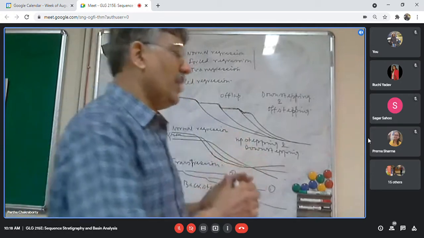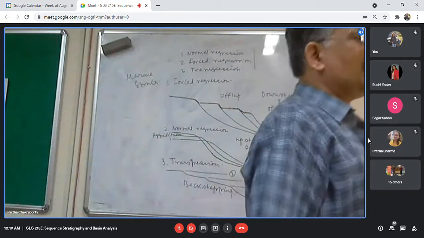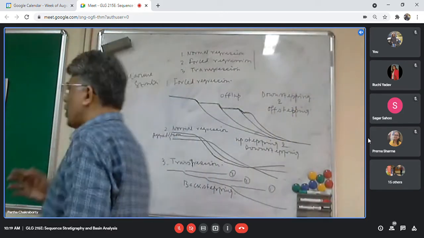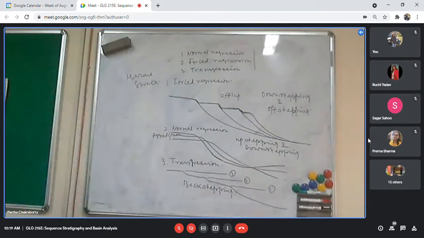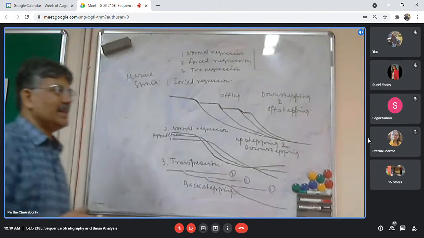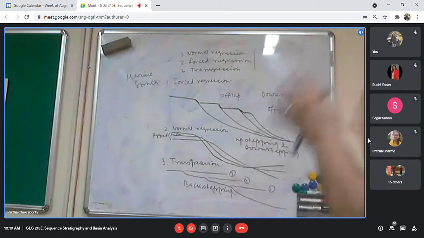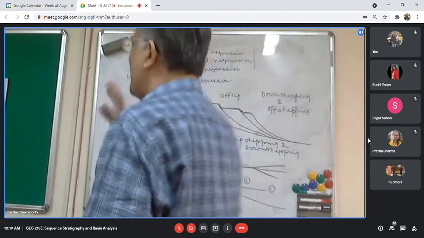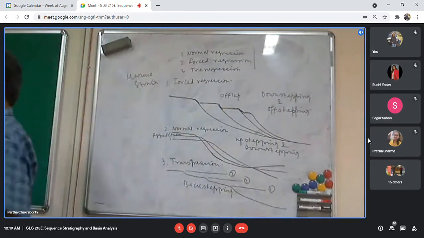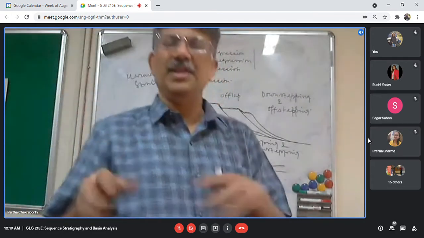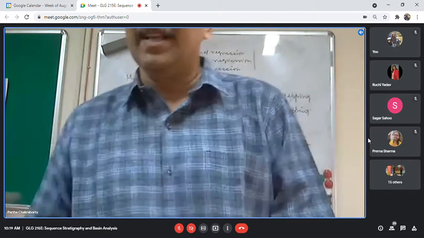When I plotted the base level curve and the sedimentation, I subdivided the sinusoidal base level curve into three parts: normal regression, forced regression, and transgression. In these three conditions there will be a lot of variation, but this is the more simplistic diagram. We will discuss a lot of complication in it.